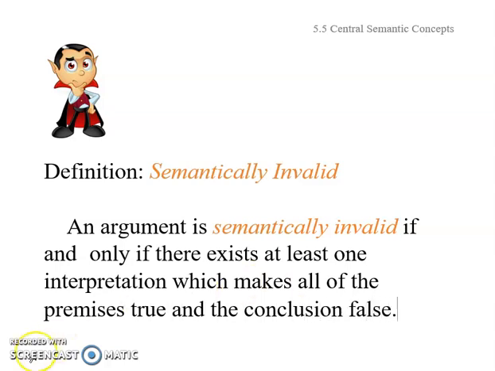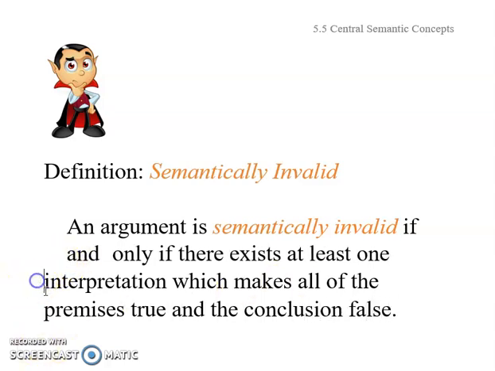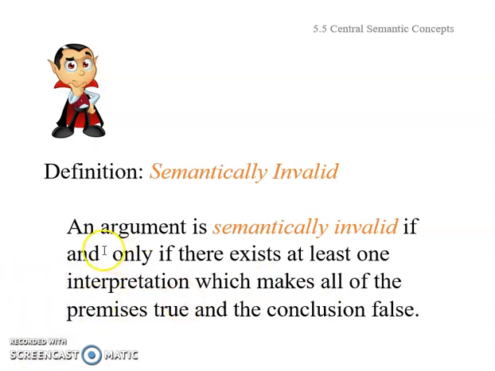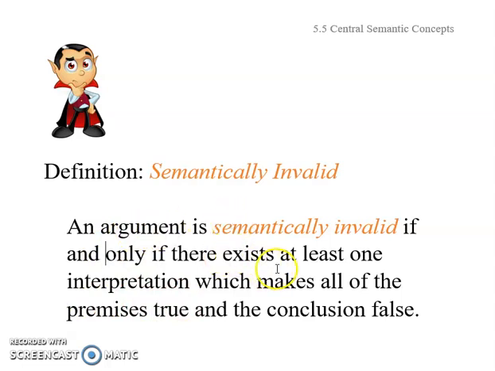Okay? So this is absolutely something we can show, because it only requires the production of a single interpretation. And we've got this nice Tableaux technique available now, which we can do that with.